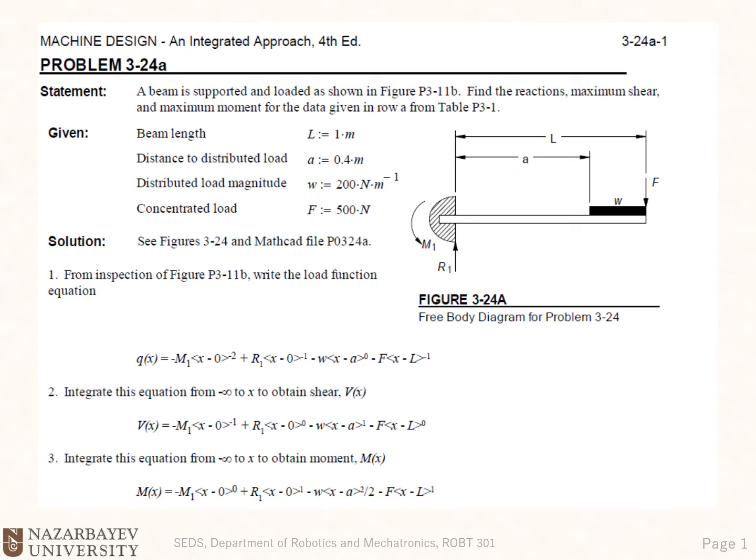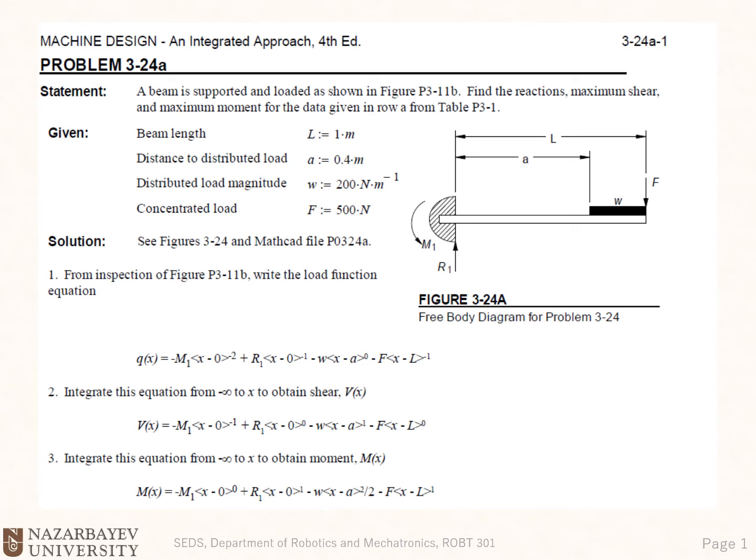I encourage you to check the books and see how you should get the regular integral of x to the power of minus 1. The next term will be minus w x minus a to the power of 1.